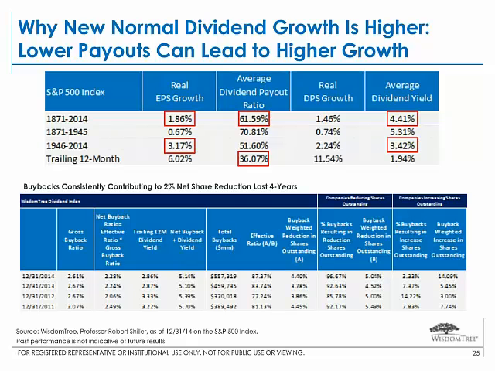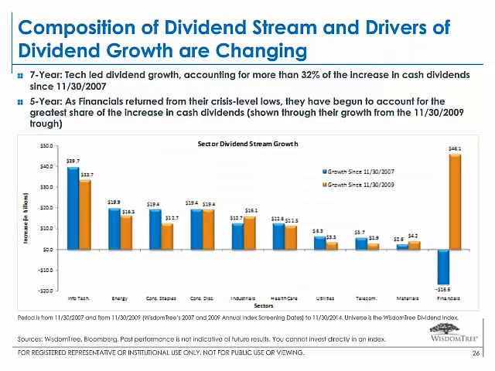And if we ask ourselves, are there any sectors that are particularly responsible, or at least more responsible than others, for the dividend growth that has been experienced? The reason that we start this chart in 2007 is it relates directly to the live history of our indexes, and specifically the live history of rebalances for the WisdomTree Dividend Index.